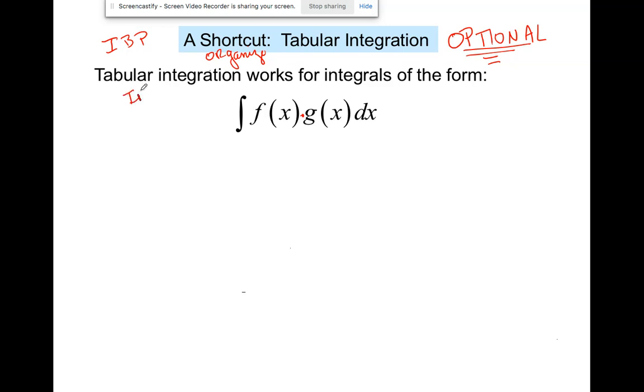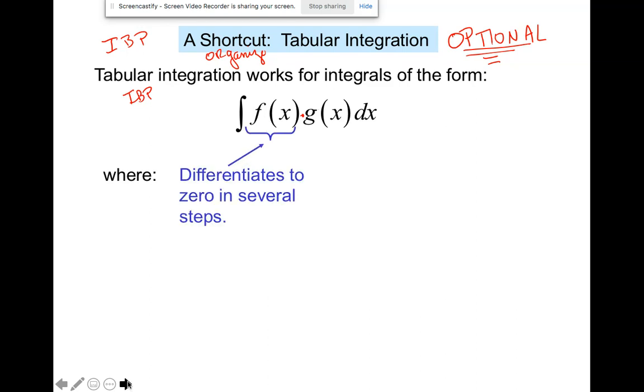Tabular integration by parts requires that your integrand is a product. But when to use tabular is when one of your factors is a polynomial. And the other one is something that repeatedly integrates like e or trig, like sine or cosine.